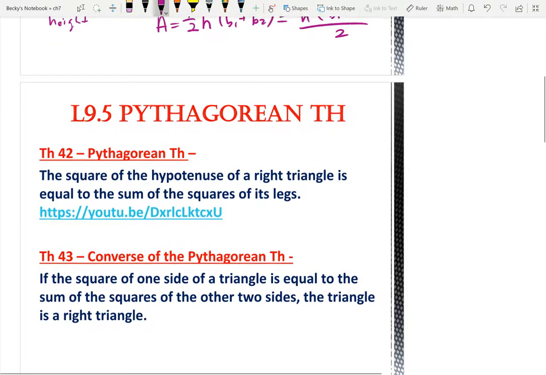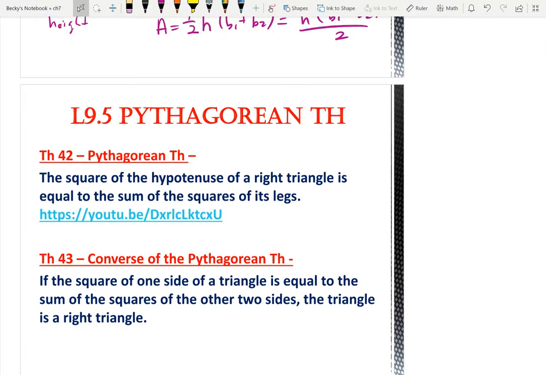Okay, now we do need to talk about Pythagorean again, and whenever you are referencing the Pythagorean theorem, it is theorem 42, or you can just say the Pythagorean theorem. Written out, it says the square of the hypotenuse of a right triangle is equal to the sum of the squares of its legs.